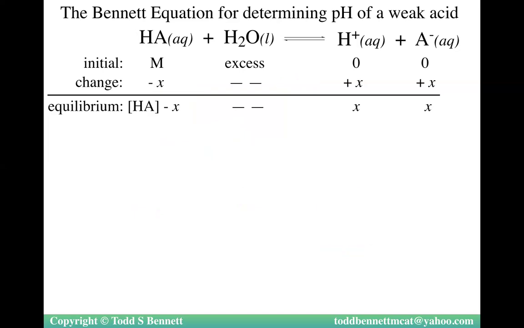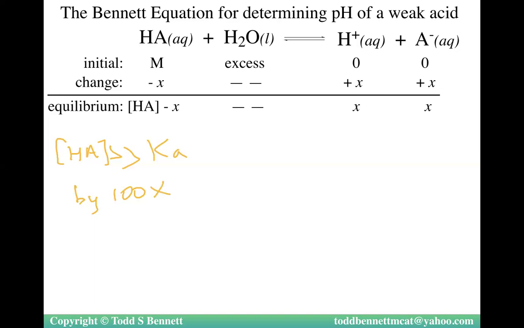For that to be true, the following must also be true. That means the HA has to be large and the Ka has to be small. Meaning, HA is large, this number is big. If Ka is small, then only a little bit goes forward, so X is small. So HA must be much greater than Ka. We're going to say by 100 times. That's going to be our rule.